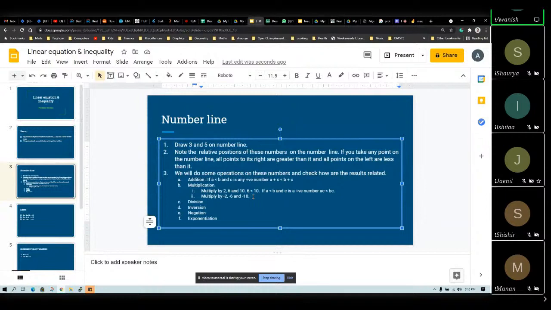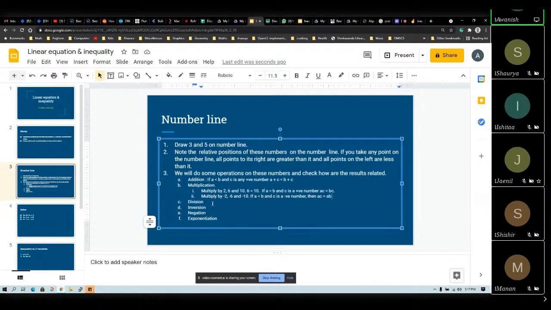So now what is the result? If A is less than B and C is a negative number, then AC is more than BC. Can you say that? Yes, sir. Okay.